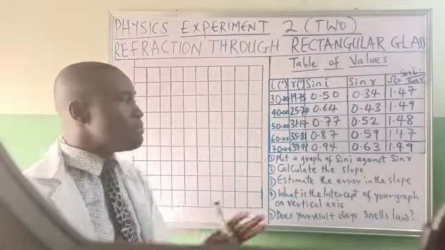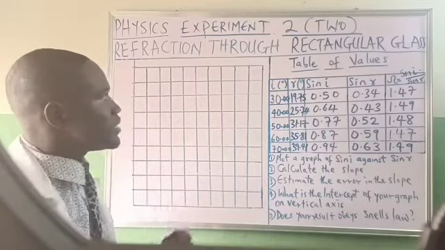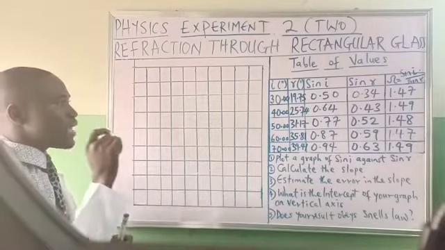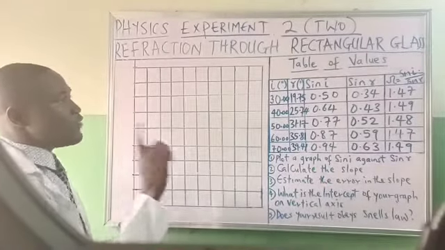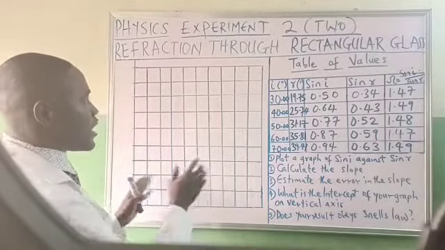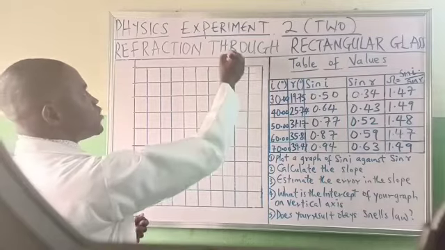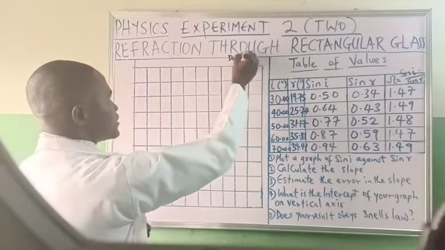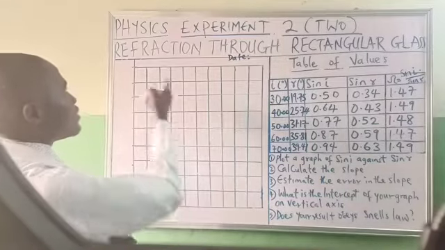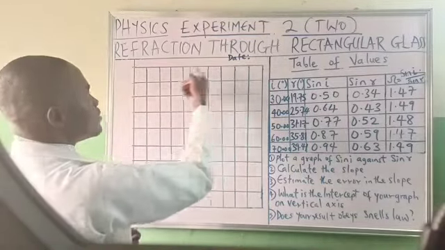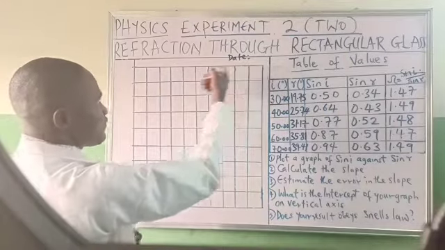But before then, let's see some important points we have to take note of before we plot our graph. First thing in your graph is to write the date of the experiment. Very important. Write the date, then write the title of the graph.